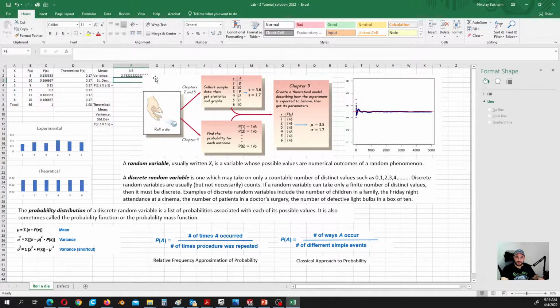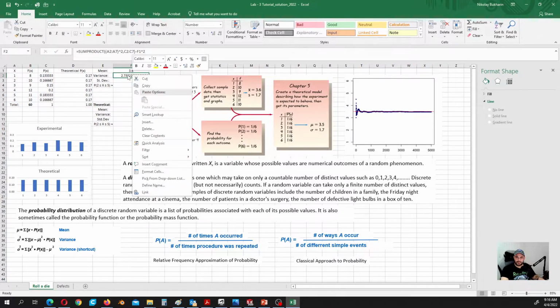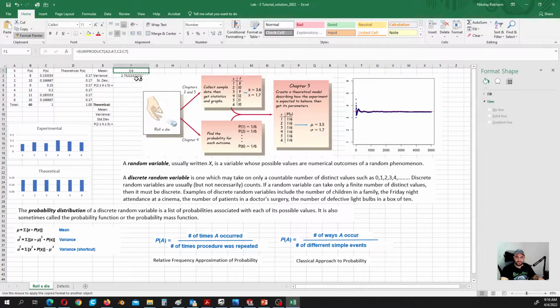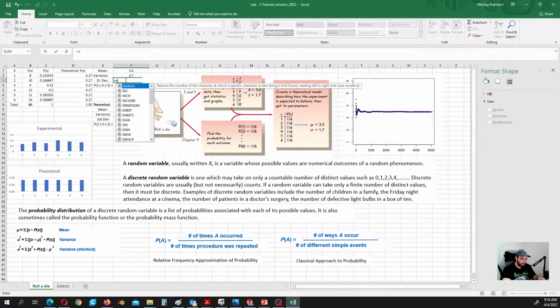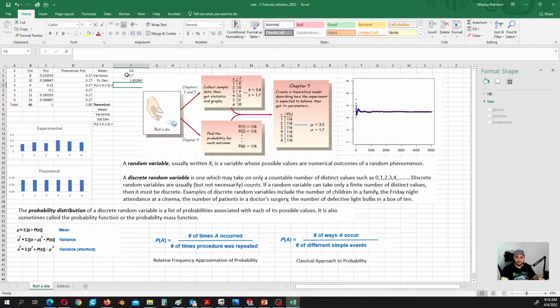Again, we can go ahead and use the brush. This is our variance, and variance is standard deviation squared. That means that the standard deviation is equal to the square root of variance. If again we format, it's 1.7. So see this value there, 1.7.